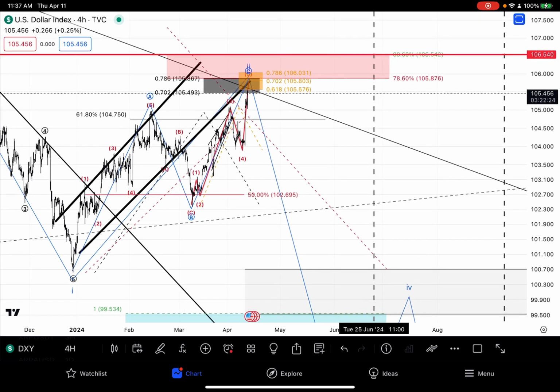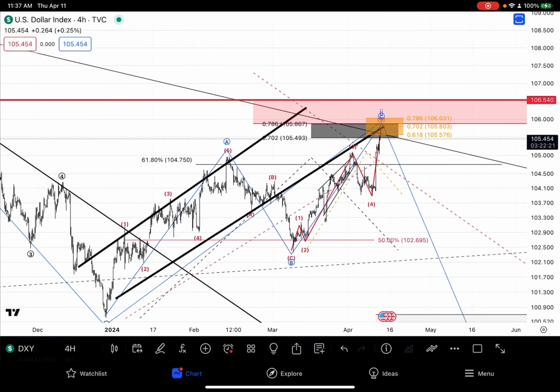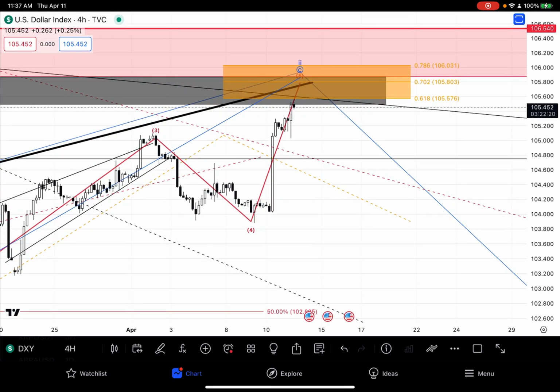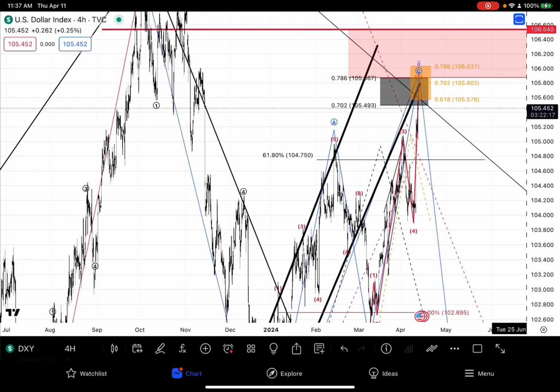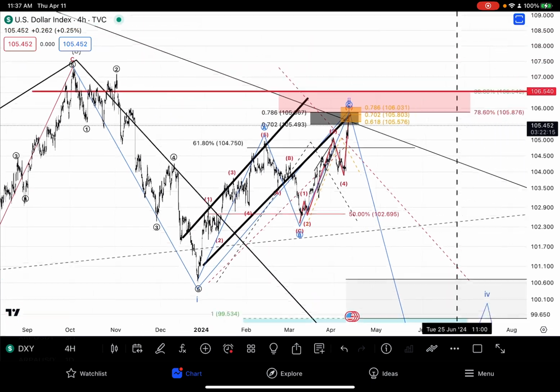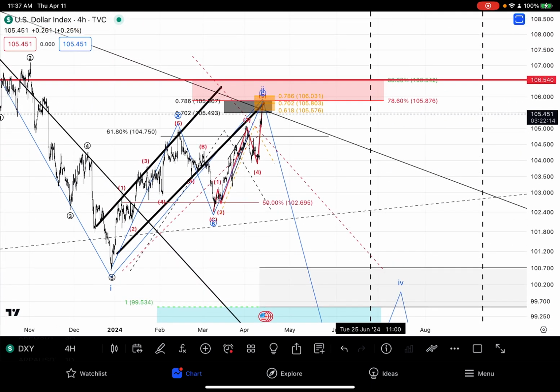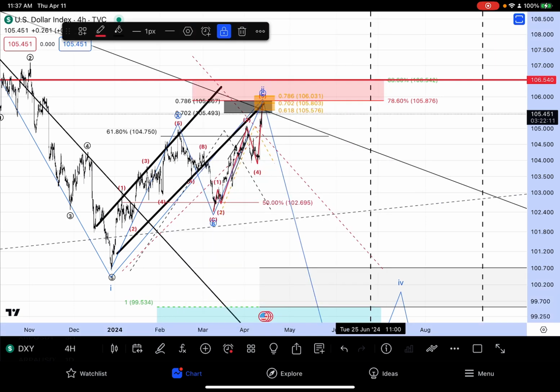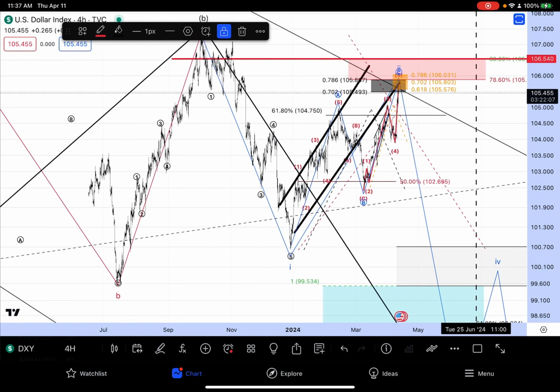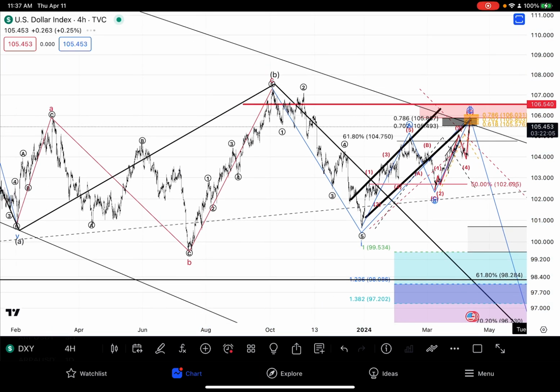Okay, so at 105.876 is where I would expect a rejection from. Okay, if you go above the 88.6% fib at 106.540, then we would have to switch up the analysis. But so far, this is what I see.